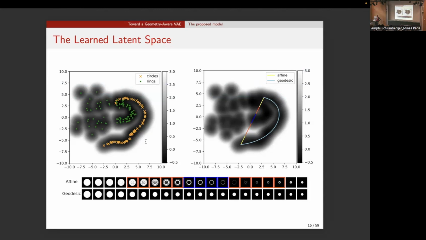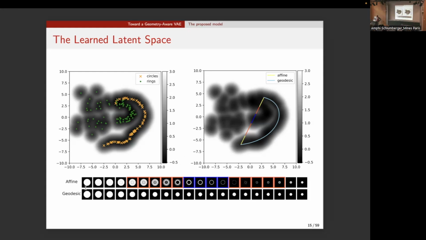So the geometry has been able to capture the fact that if you want to move from one circle to the other, this is just a straight line in the Riemannian manifold. And in the other cluster, it's 2-dimensional because we need something that also depends on the size, but there are also different elements where the thickness of the rings is changing. So it's really 2-dimensional data. And now we have a metric, so we can draw geodesics.